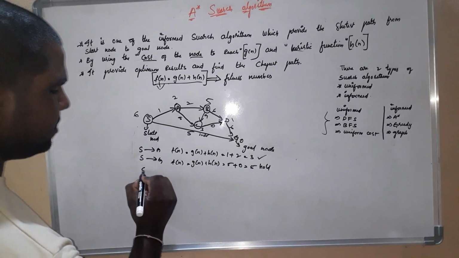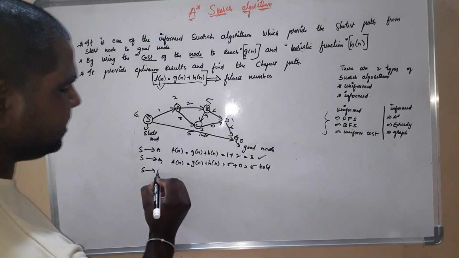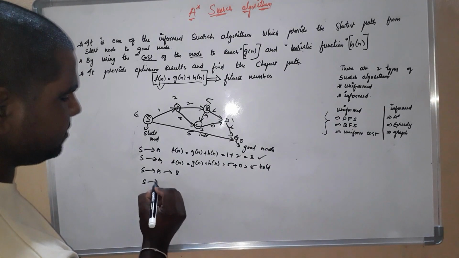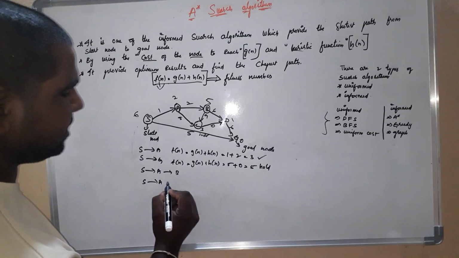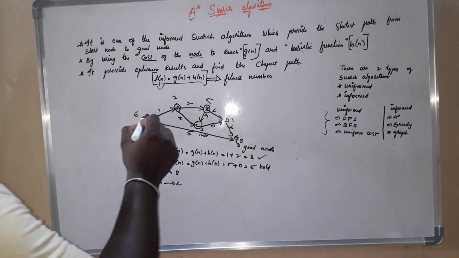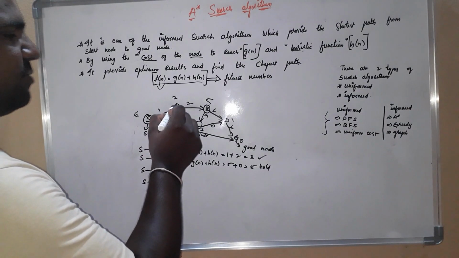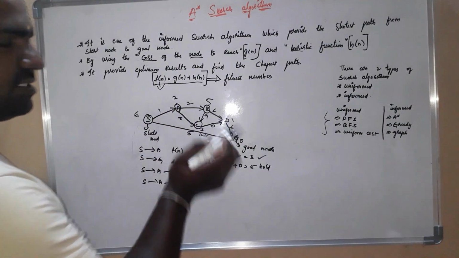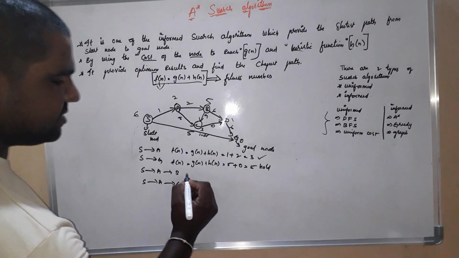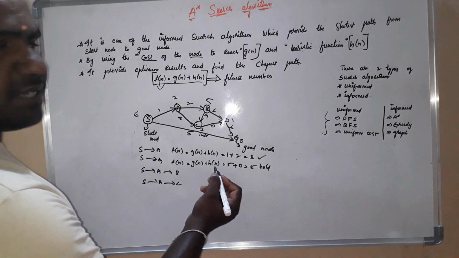Now, SAB, SAC. We are going this path now. From A there are two possibles, B and C. Here SAB, SAC, and same like f of n, g of n plus h of n.